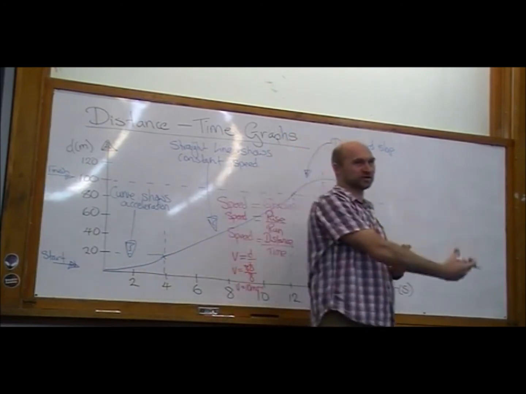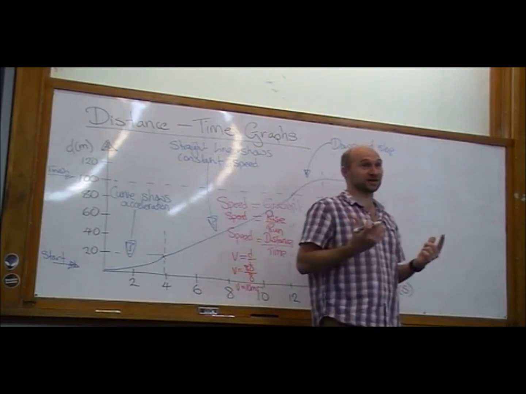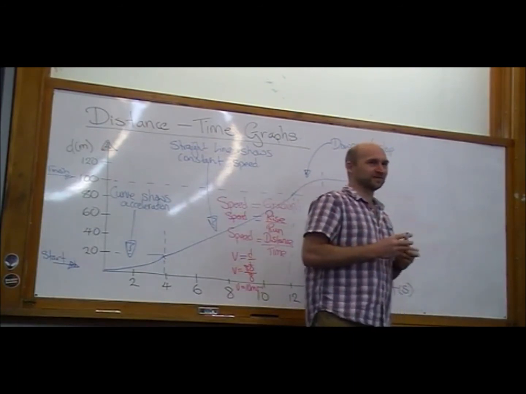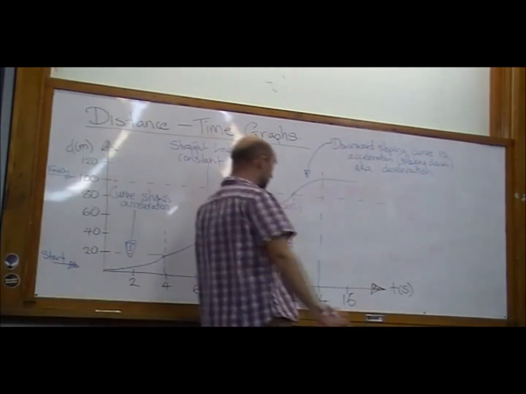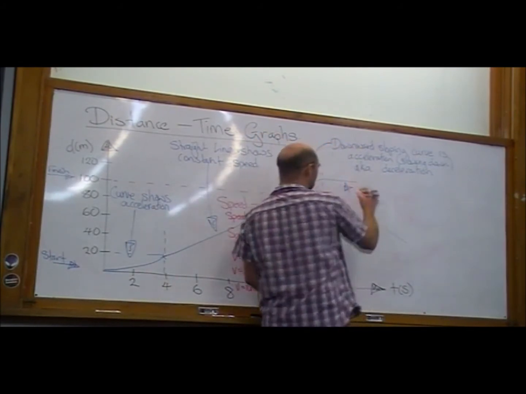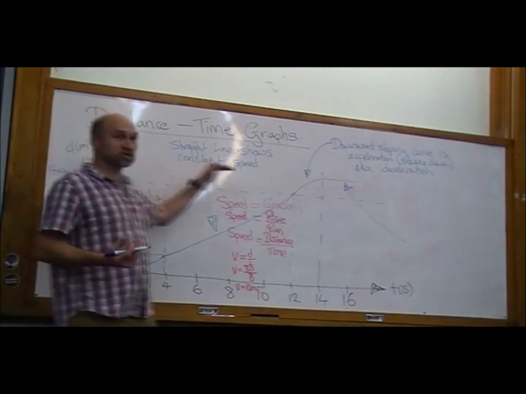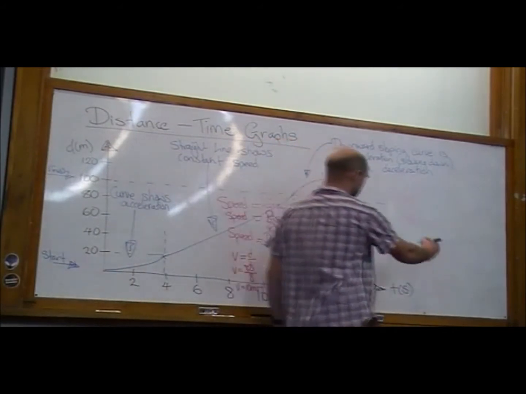Then once you get to level 2 and level 3 physics, you can't write deceleration, you have to write acceleration. You just say that it's slowing down. And then this last section, the horizontal line, shows that we're at rest. The distance isn't changing, but the time is changing, so horizontal line, at rest.